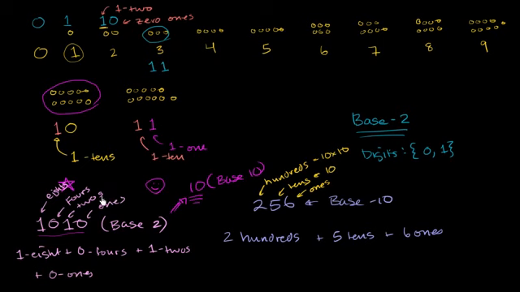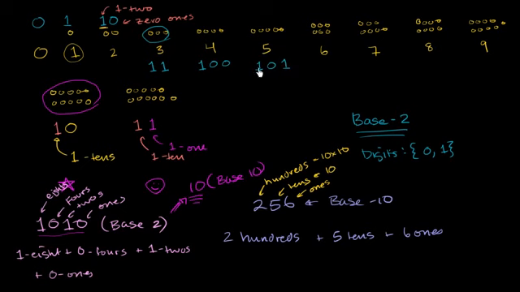So now we're going to go to the 4 place, because we've essentially maxed out everything here. If we increment more, we have to go to one more place, just like we did in base 10. But now we can only use the digits 0 and 1. So now we'll have 1 4, 0 2's, 0 1's. Now when we add one more, we're going to add one more 1. So now we have 1 4, 0 2's, and 1 1.